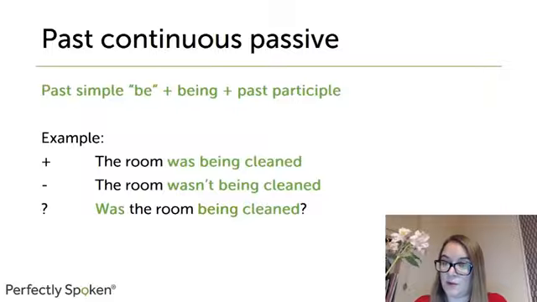In our example, the same context, a positive sentence: the room was being cleaned. Negative: the room wasn't being cleaned. Question: was the room being cleaned? Again, please pause the slide and make a note of how you form the past continuous passive.